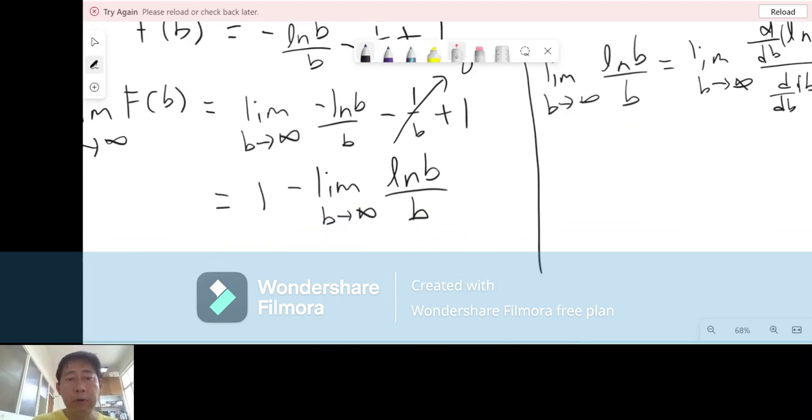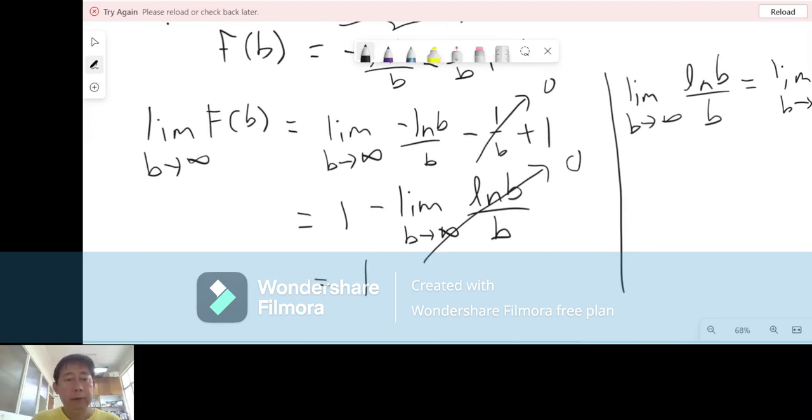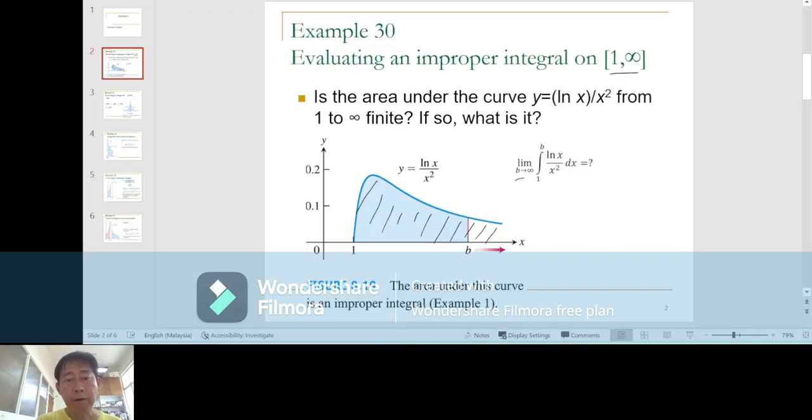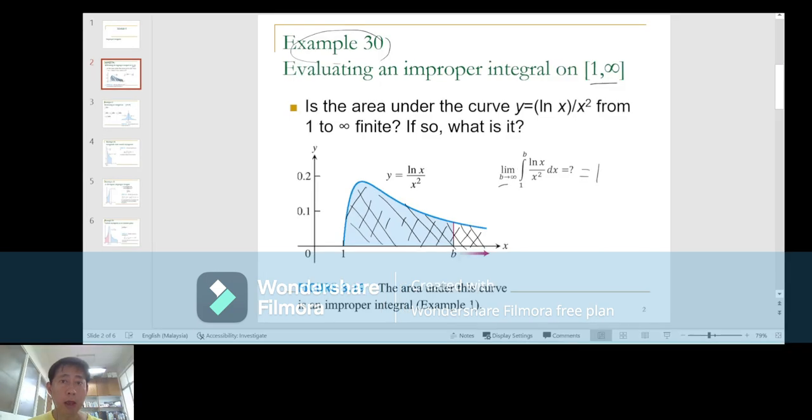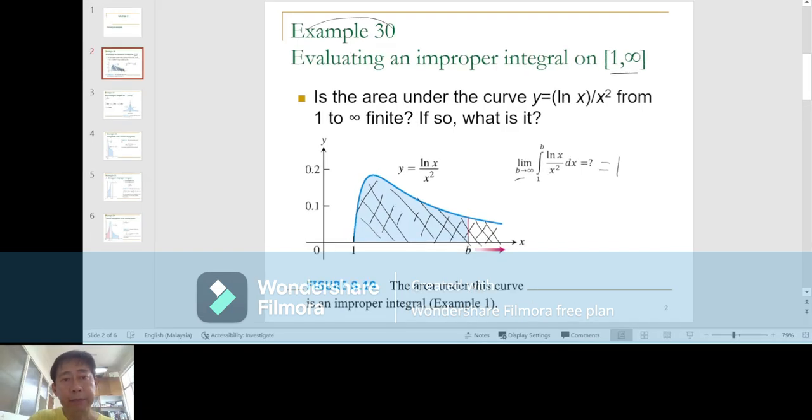So we come to the conclusion that this term, the limit of b goes to infinity, is 0. Therefore, we end up with the value of F of b being 1 in the limit b goes to infinity. The result for the integration of the area under the curve is simply equal to 1. So that is the solution to the improper integration of the first type for example 30.